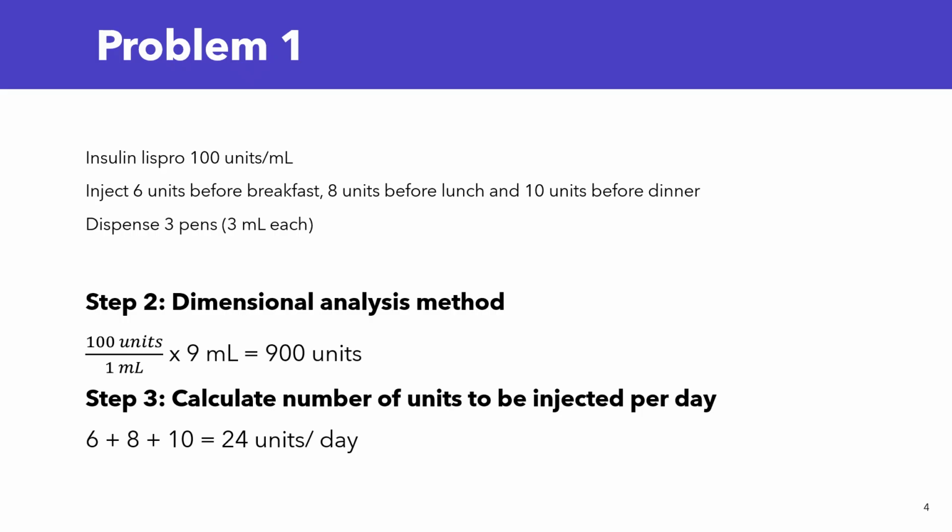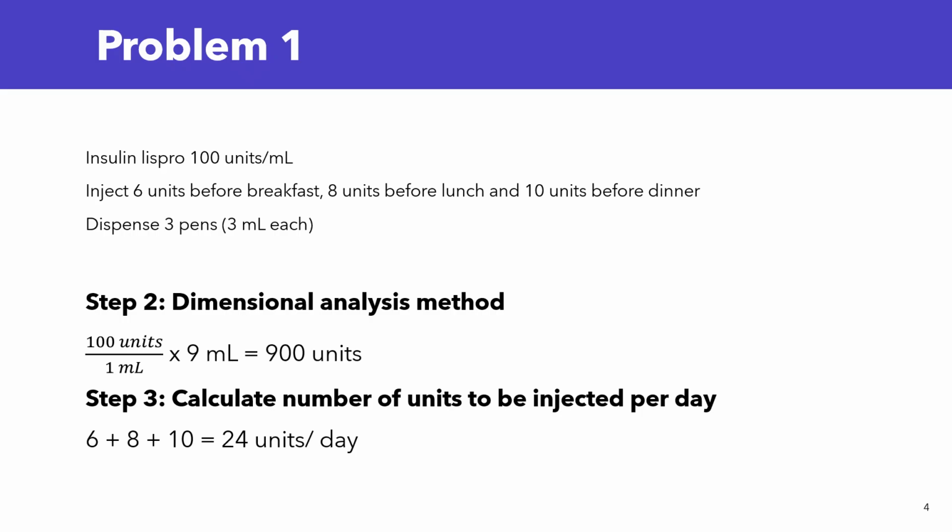Now, let's try to do the same thing using dimensional analysis. You can use whichever method you prefer, but I'm showing you both methods just so you know that you can use either method. When you're setting up dimensional analysis, you want to make sure that all the unwanted units cancel out and you're left with just the desired units. So here, you're looking for units, right?